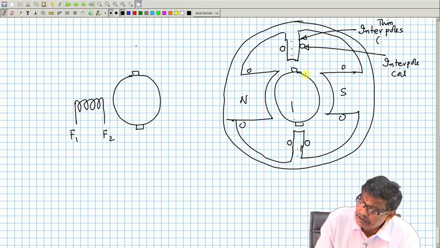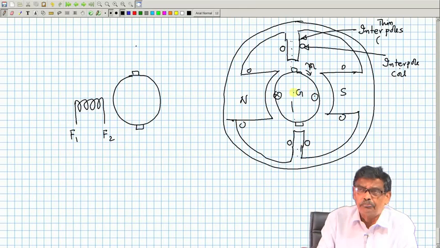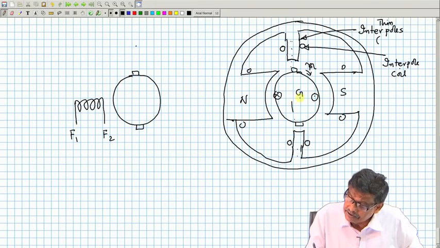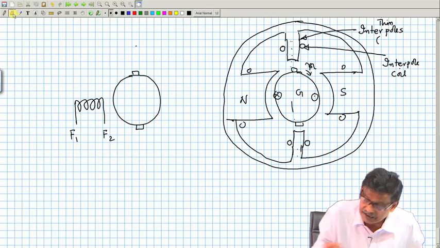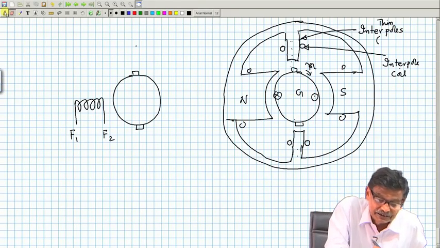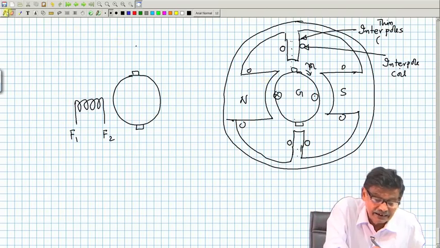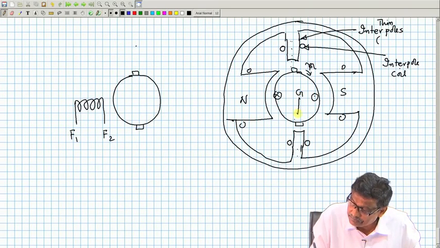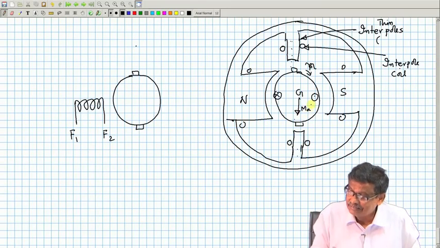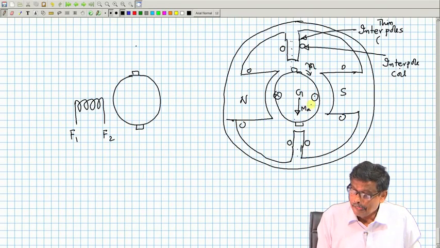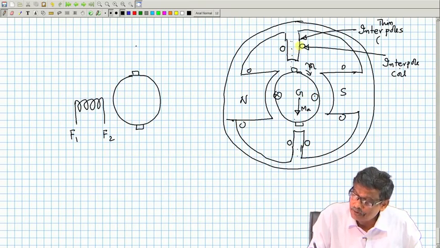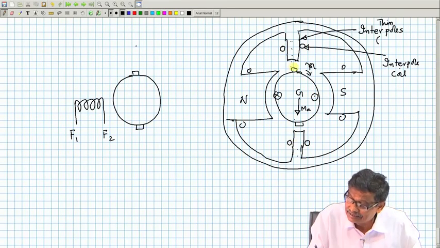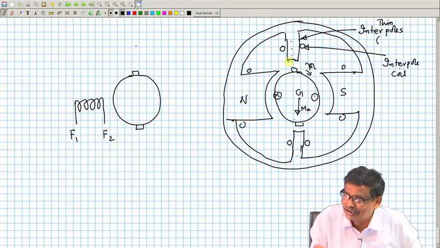So, armature, if it is generator mode, rotating in this direction, we know these currents will be cross, this side current will be dot, only drawing two representative conductors, and your armature MMF will be like this. So, what should be the polarity of the current? So that this flux I will not tolerate.